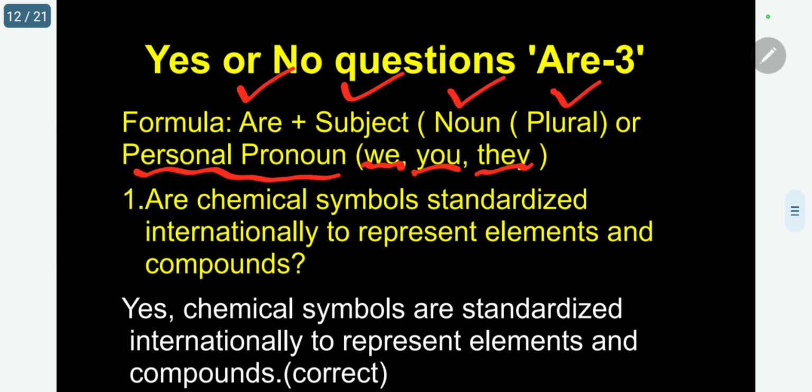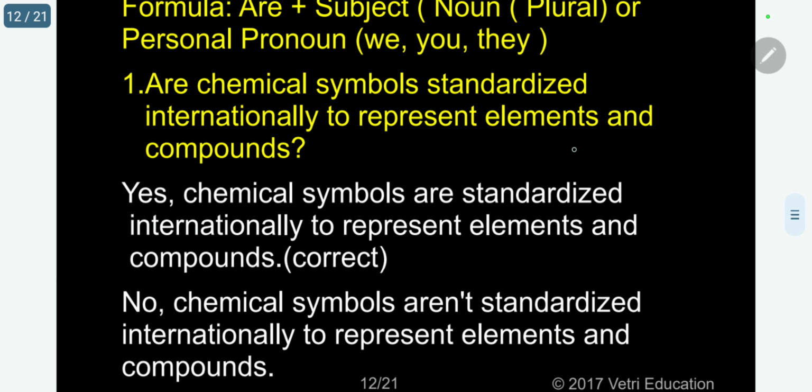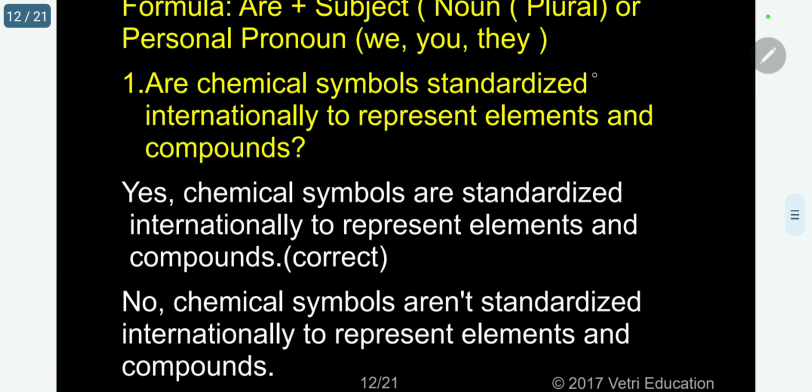Now I will give a few sentences using are, and I will raise the questions and answer them too, so you can enjoy. The first question: are chemical symbols standardized internationally to represent elements and compounds?